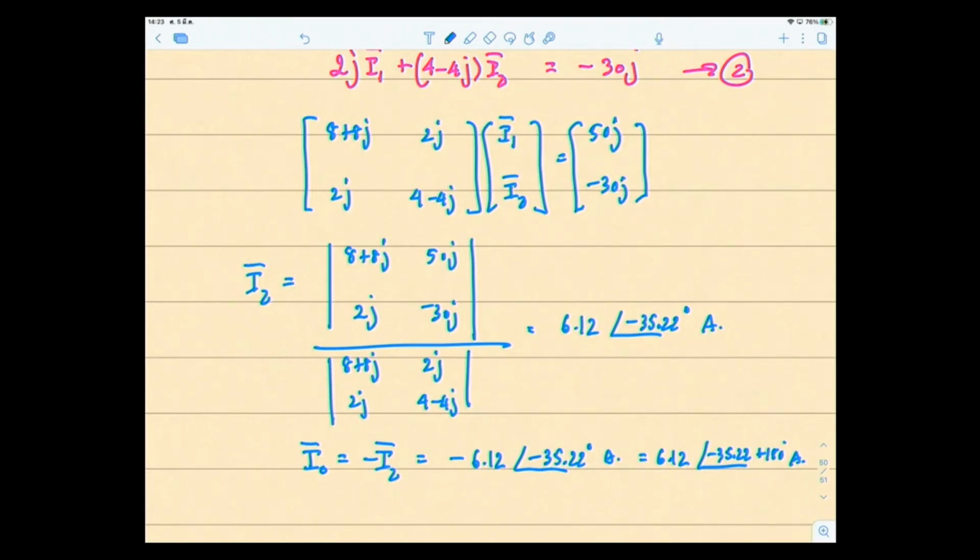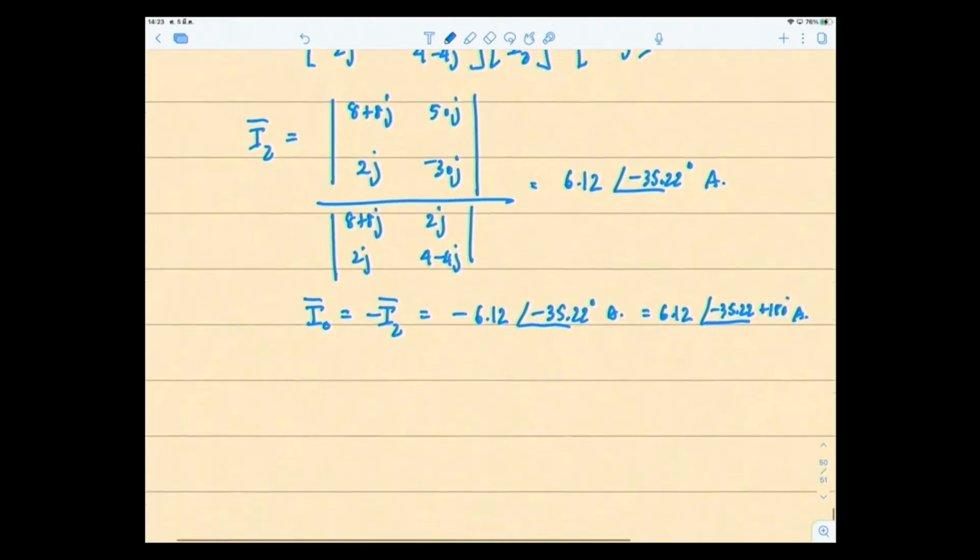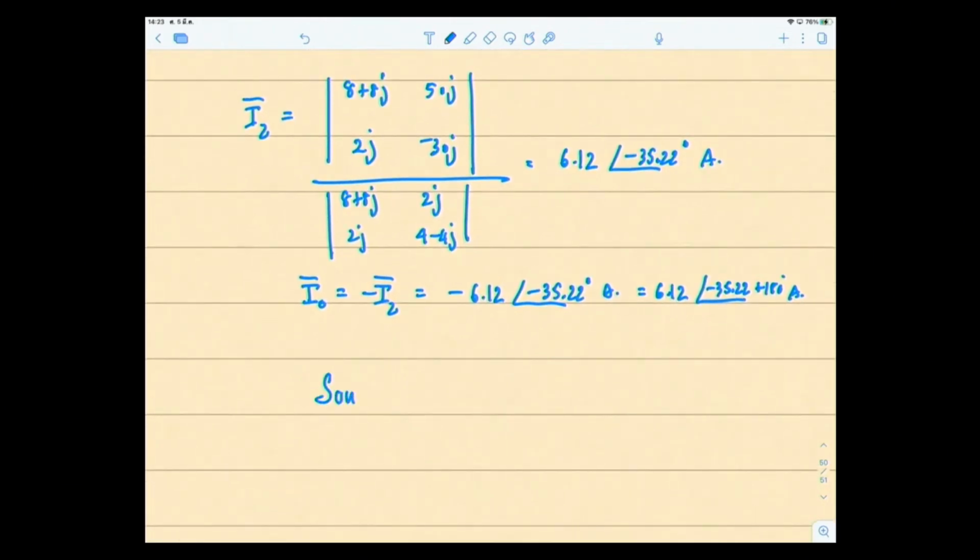Next one is source transformation. Okay. Next example is on source transformation. So source transformation is a theorem that you can transform a voltage source into a current source and a current source into a voltage source.